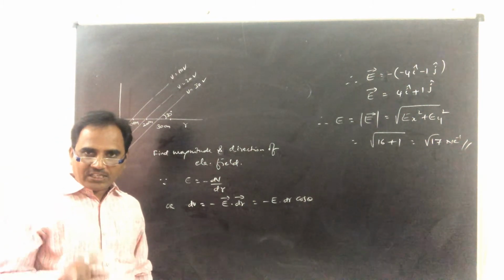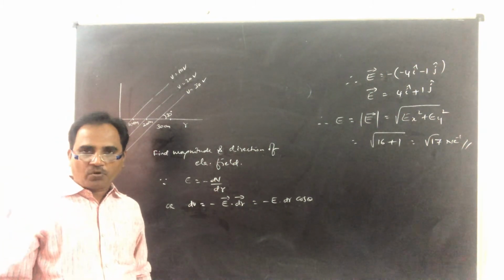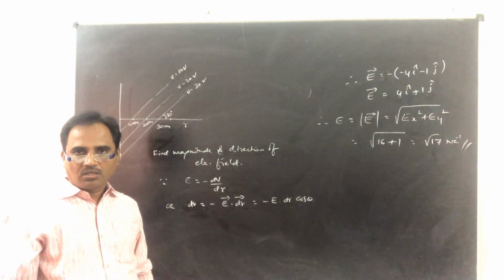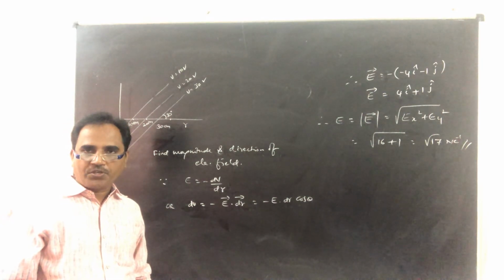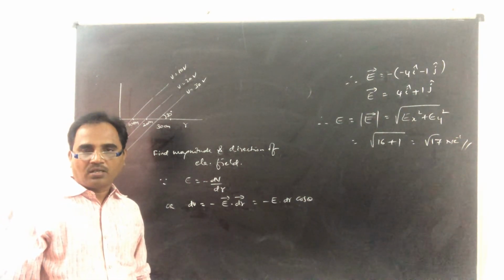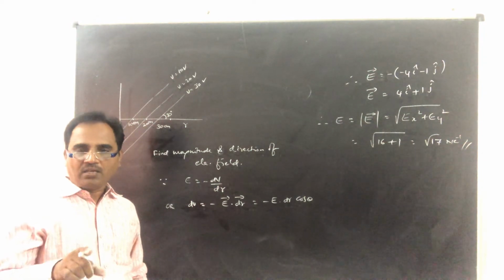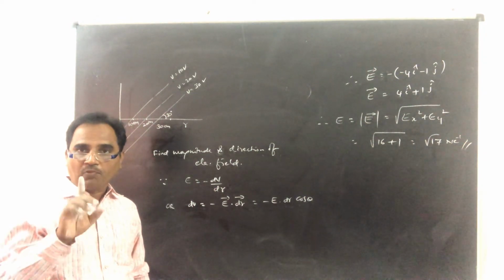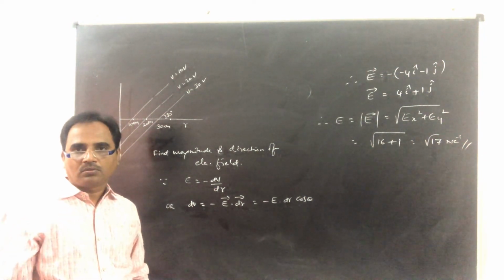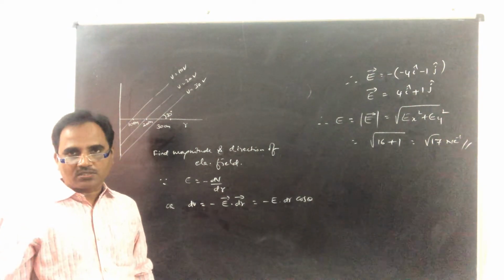What is the direction of electric field with reference to equipotential lines? In the properties of equipotential lines, I told you that an equipotential line or equipotential surface will always be perpendicular to electric field lines.